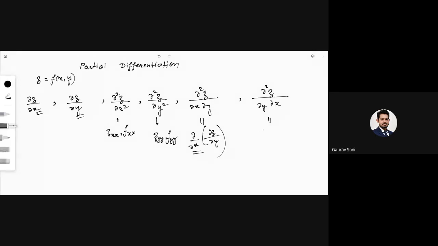In the other one, first of all, you take the partial derivative of z with respect to x, and of the resultant, you take the partial derivative with respect to y. How is it denoted? zxy. Look, the order is maintained: xy, fxy. And this will be zyx and fyx.